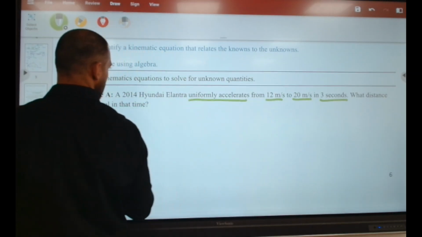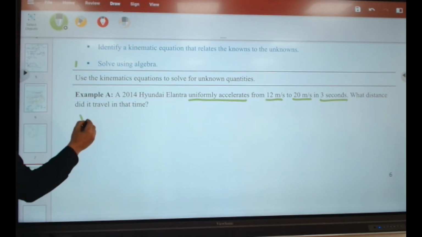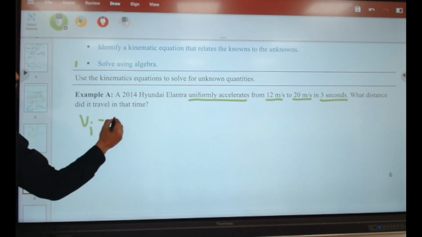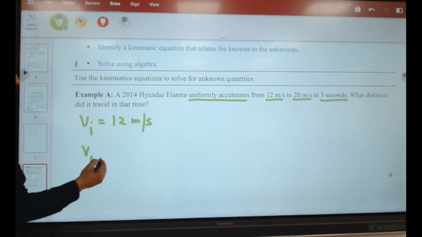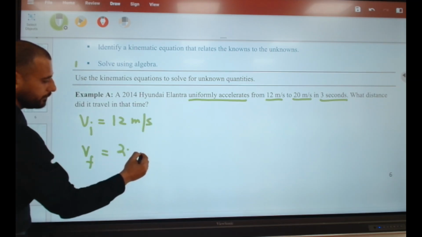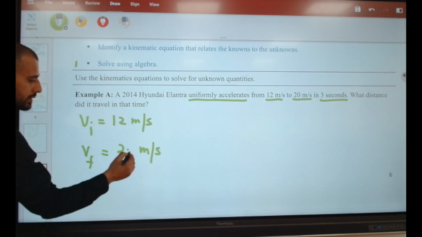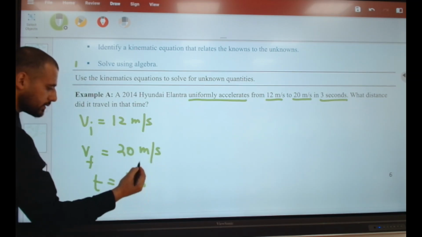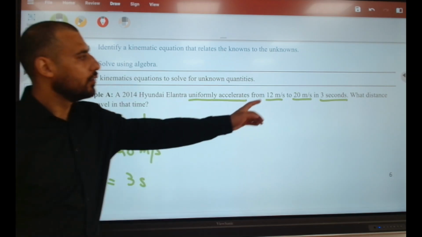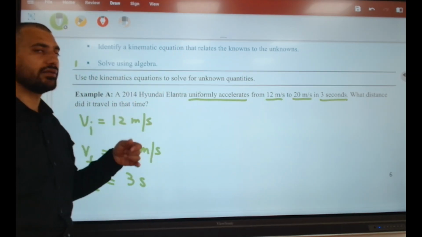So what is given? Initial velocity is 12. Final is 20. Time is also given, 3 seconds. What distance does it travel in that time?